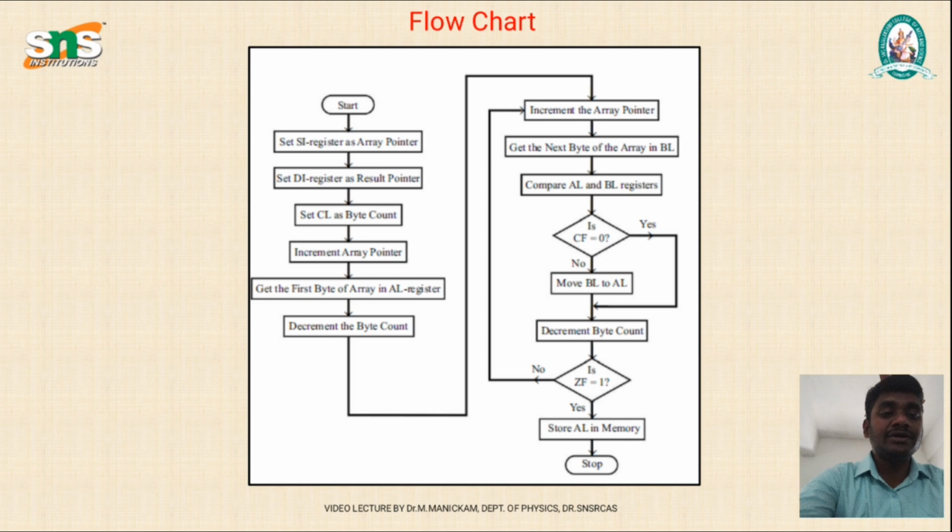So after the comparison of all the data, we can find out the largest data. Then that data is stored in the memory location. So this is the explanation for the flow chart of the largest data in an array in microprocessor 8086.